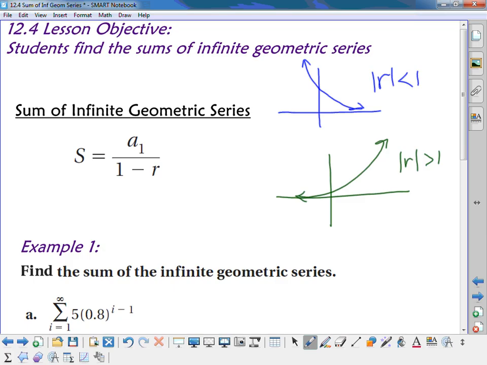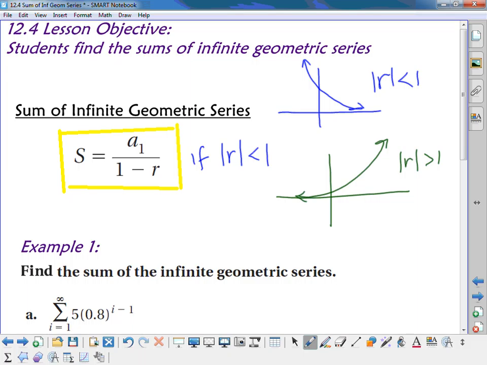And that number can be found by taking a sub 1 over 1 minus r. And that's only going to work if the absolute value of my ratio is less than 1. In other words, the terms of the series have to be getting smaller and smaller.